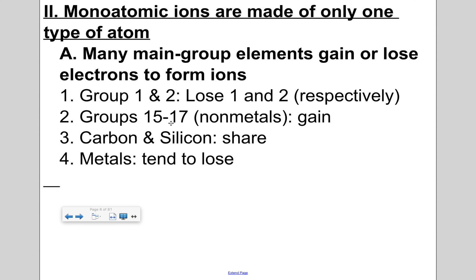Groups 15 through 17, so nitrogen, oxygen, and fluorine, tend to gain electrons. And when they gain electrons, they become negative, so they form anions. Carbon and silicon, because they're halfway between 8 and 1 and 8, tend to share. And then metals tend to lose electrons because of that sea of electrons, so they tend to be positively charged.